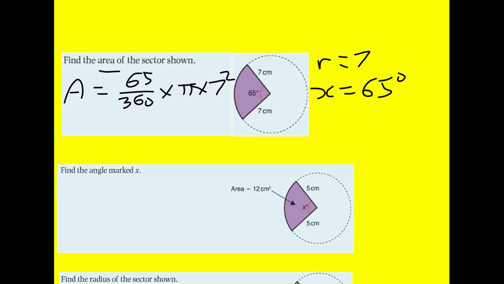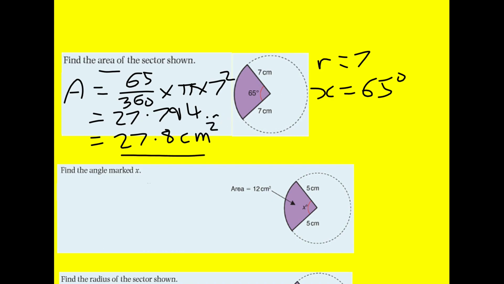You might even just give this a go by yourselves before I go through these examples. What I calculate it to be is 27.794. Round that to 3 significant figures, 27.8 centimeters squared. Example 1, done.